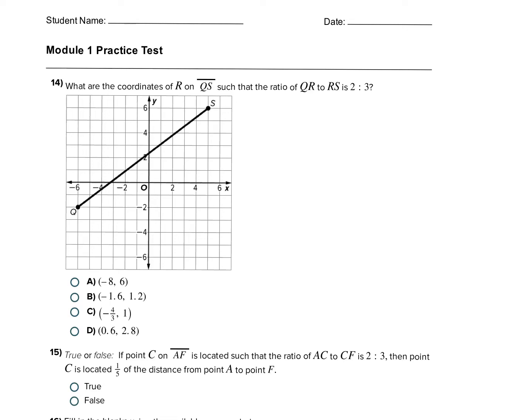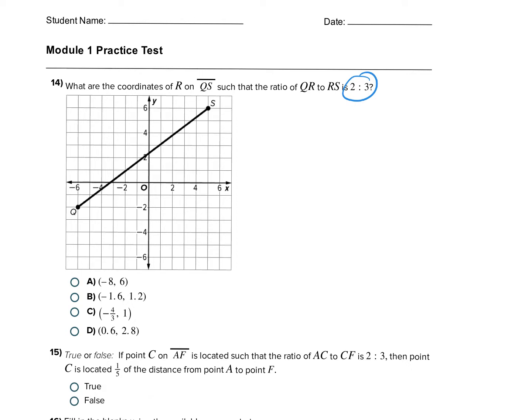Question 14, we're asked to partition segment QS so that QR to QS has a ratio of 2 to 3. Now, we've also done this before on a number line.